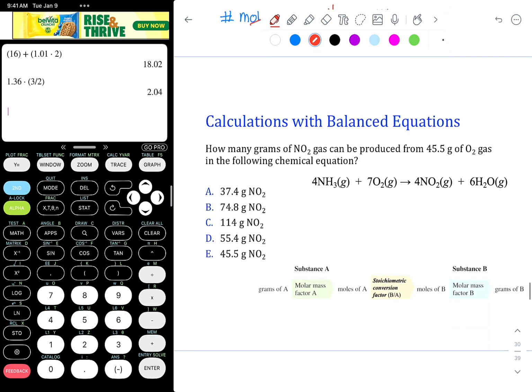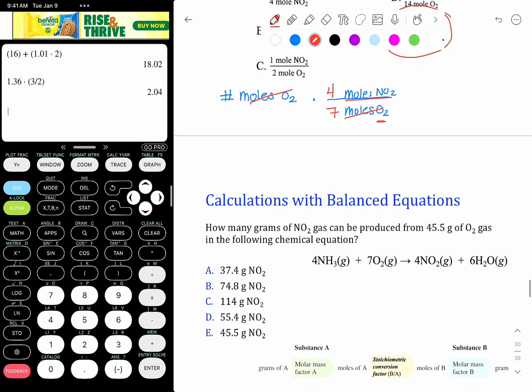So let's use that conversion factor now. So we said 4 moles of NO2 and 7 moles of O2. Let's use that conversion factor now to determine how many grams of NO2 gas can be produced from 45.5 grams of O2 gas in the following chemical equation. So it's the same equation that we had before, now I'm just giving you numbers.